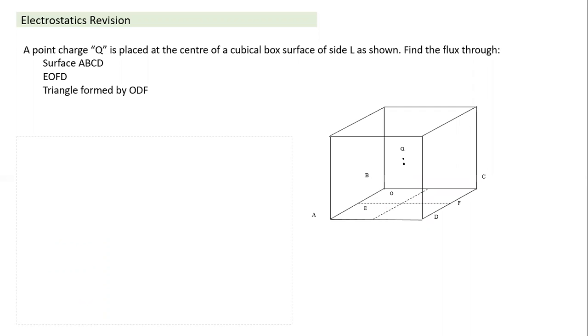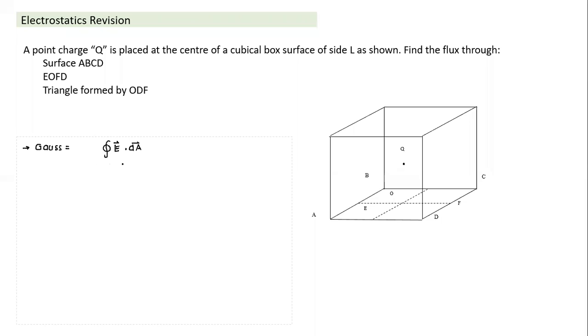So when we place a charge Q here, we can find the flux through different parts of the surface of the cube using Gauss law. Let's see what conclusions we can draw. Just to remind you what Gauss law is: this term is the electric field flux over a closed surface, called a Gaussian surface.